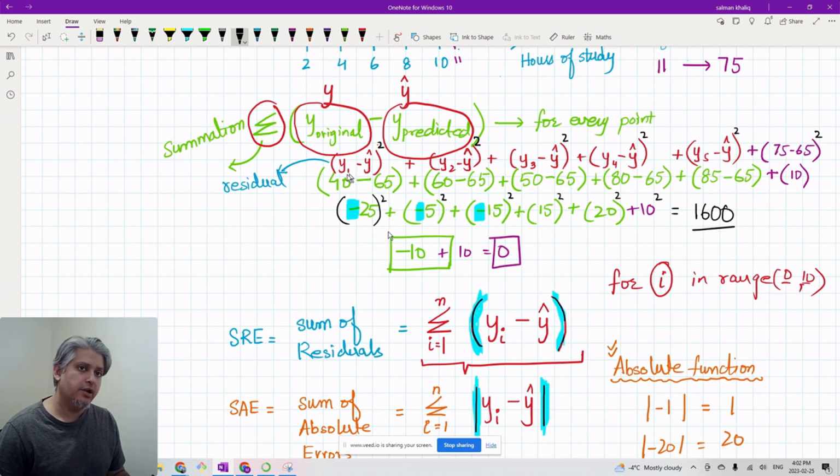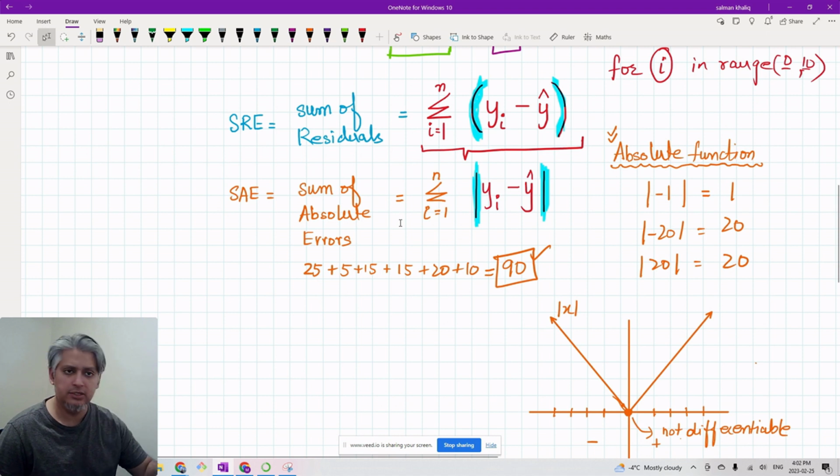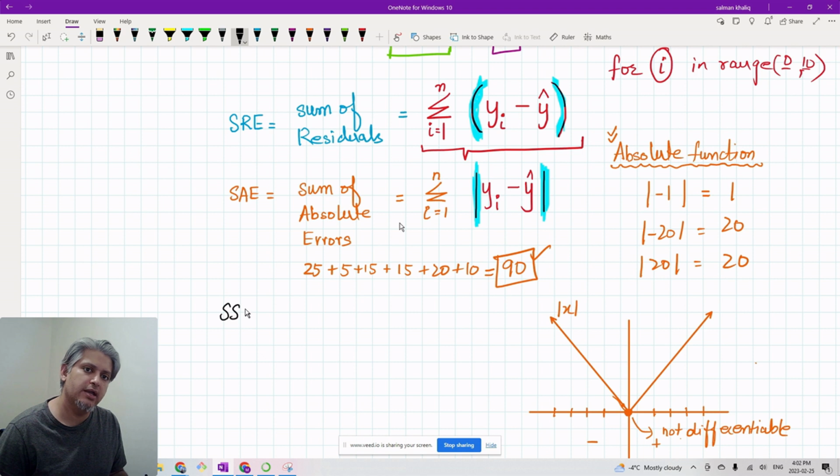What I did over here, previously I took the absolute and I called it sum of absolute error. Now I did the square and I added them. So technically what I got is sum of squared errors. So I would call it sum of squared errors.